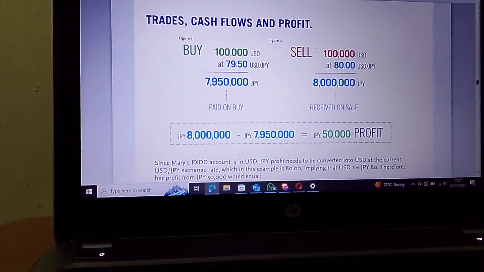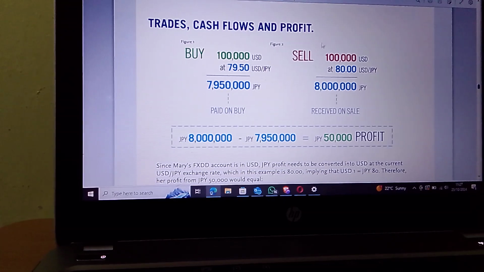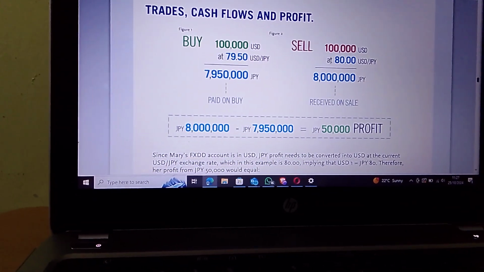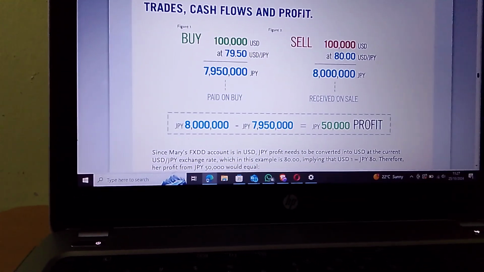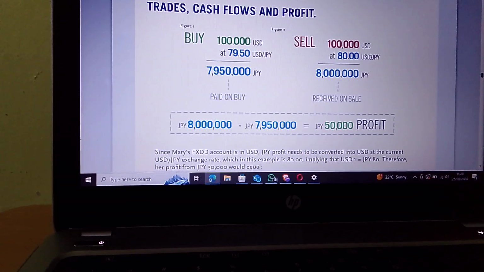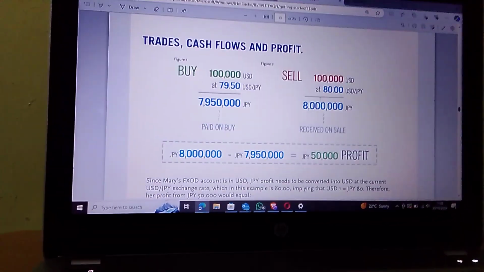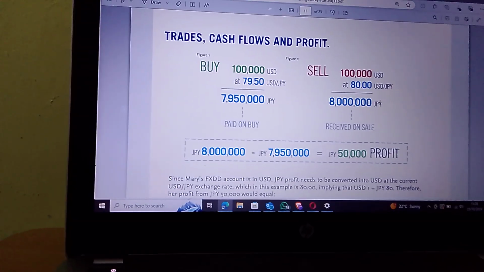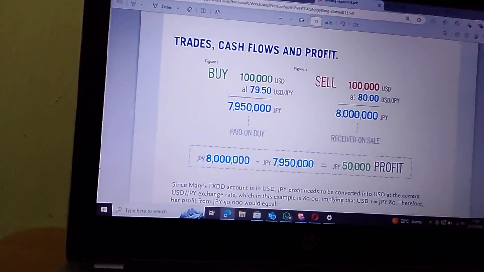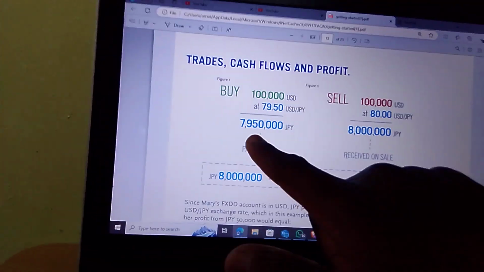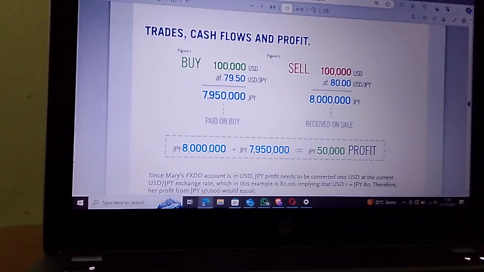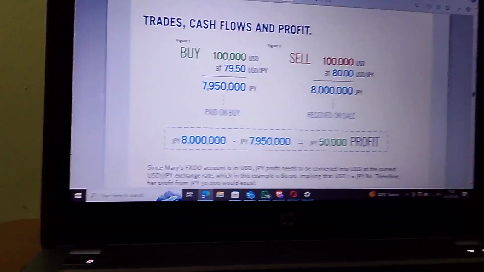And then at selling that one standard lot position at 80 USD/JPY, she sold it at 8 million. Thereby, if you take that difference, 8 million and 7.95 million, you find that she made a profit of 50,000 JPY.